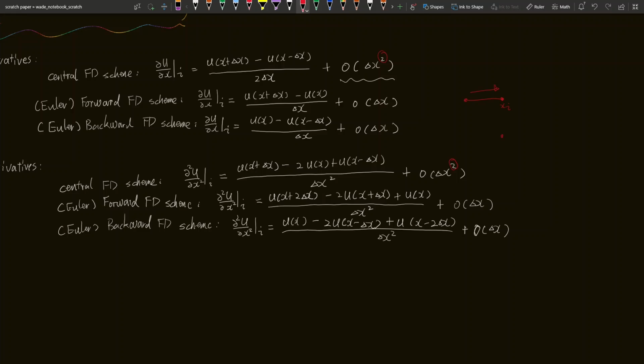And for the backward scheme, we are copying the information from right to left. This is particularly important for fluid dynamics problems or transient problems. For example, it's hard to apply the central scheme in temporal discretization, because you don't know what happens in the future, right? You only know what is going to happen from the past.